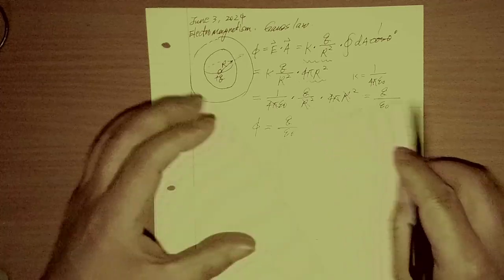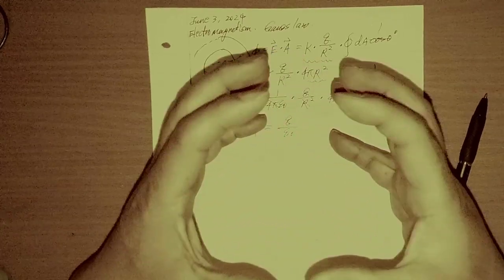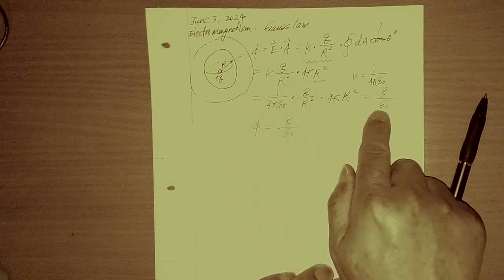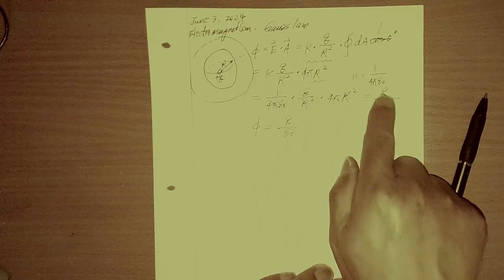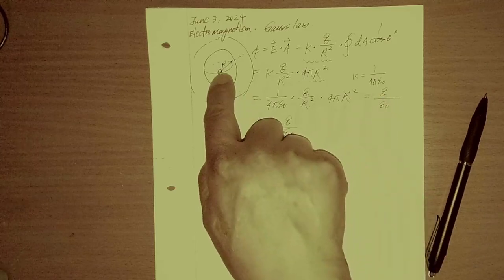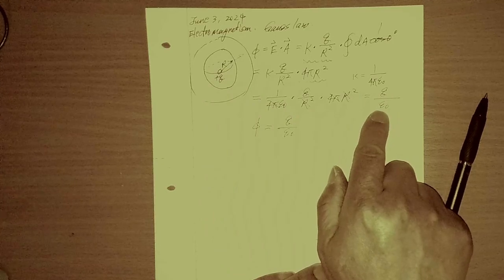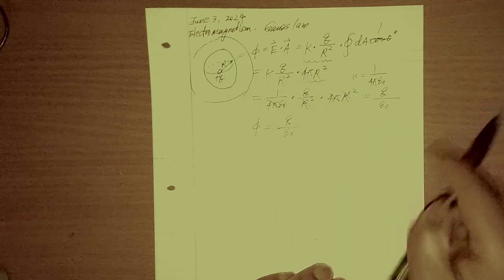In other words, it doesn't matter how large the ball is, the electrical flux is always the same. It's equal to the amount of charge being enclosed, divided by the electrical constant.